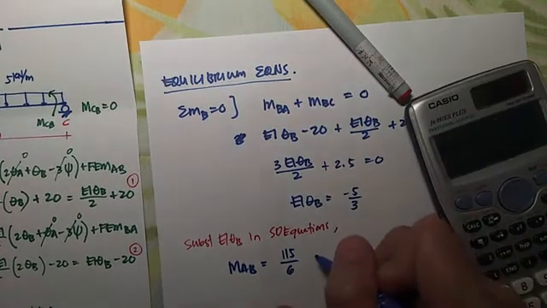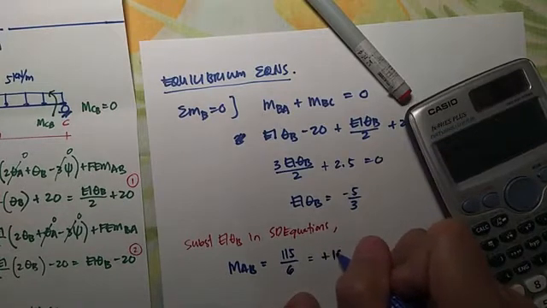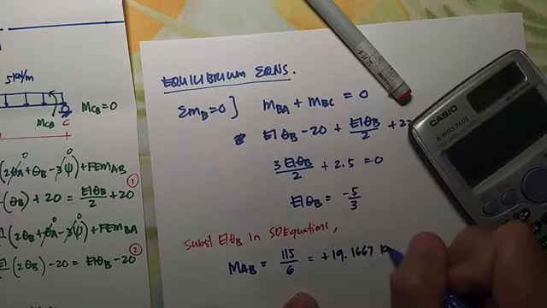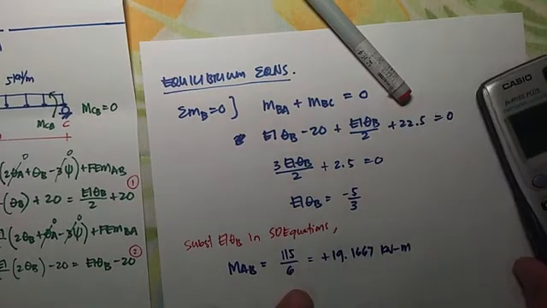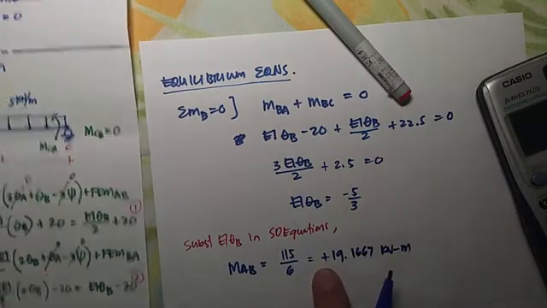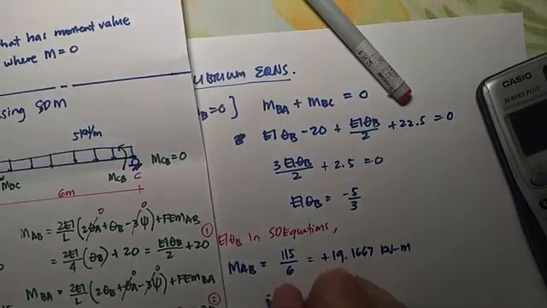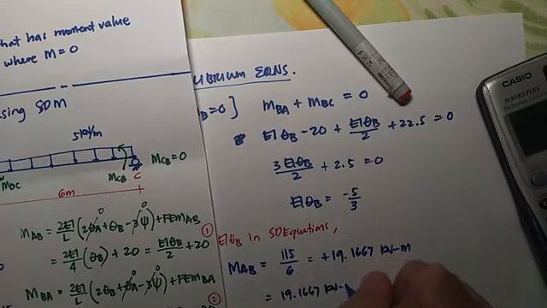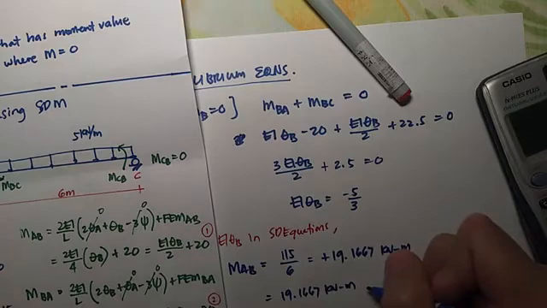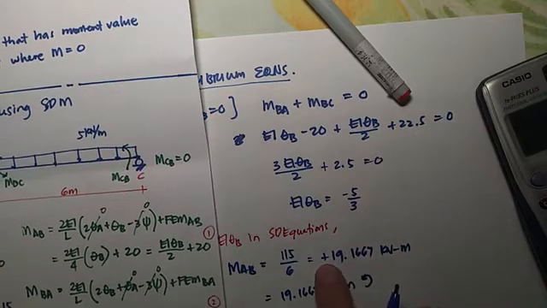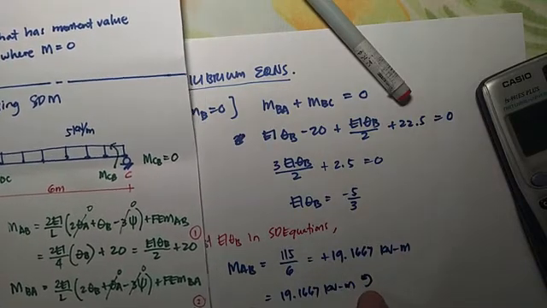Or that is positive 19.1667 kilonewton meter. The positive there means that the moment is counterclockwise. Okay, so it's counterclockwise. So I could now remove the sign and put the direction.